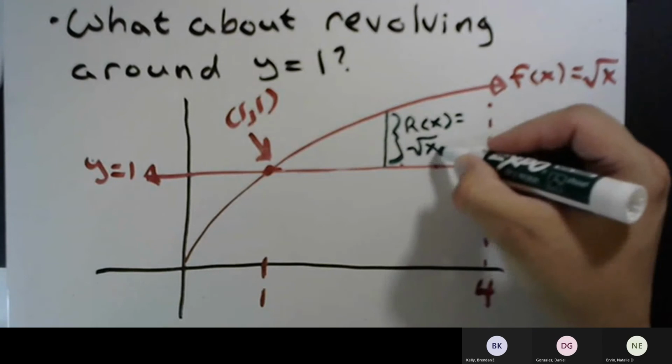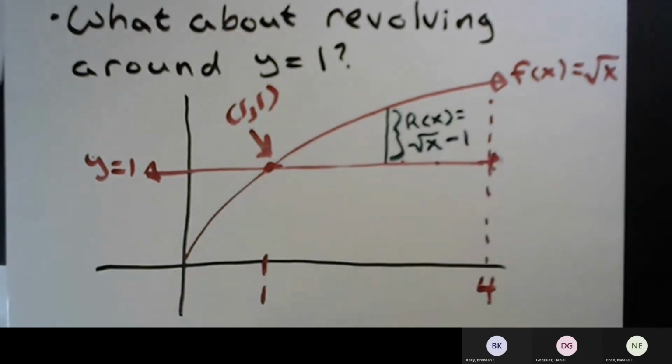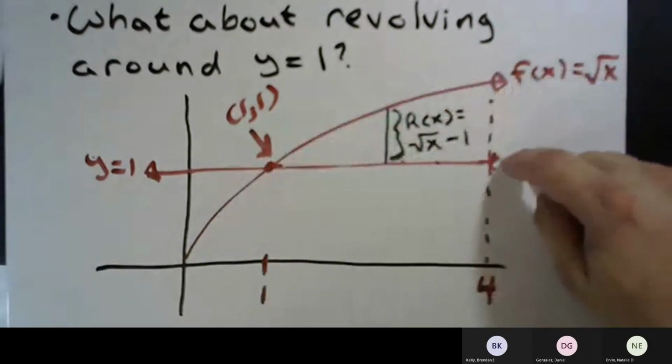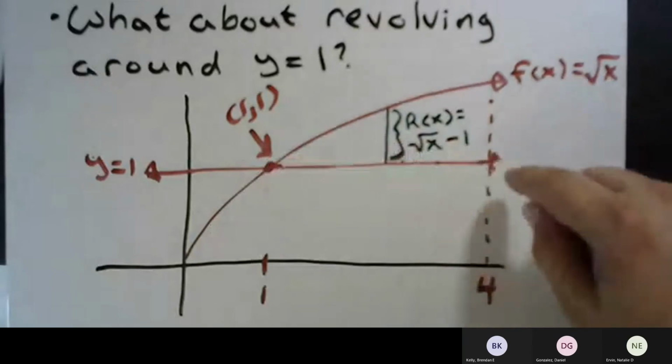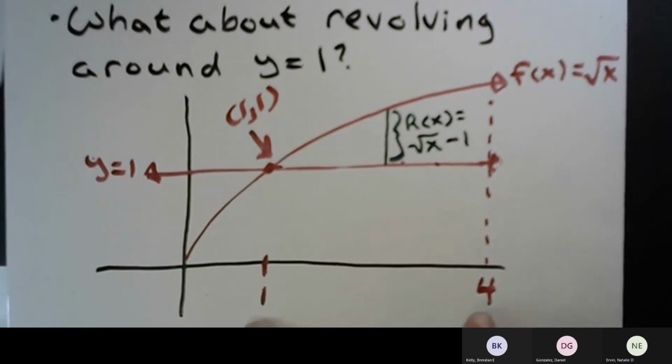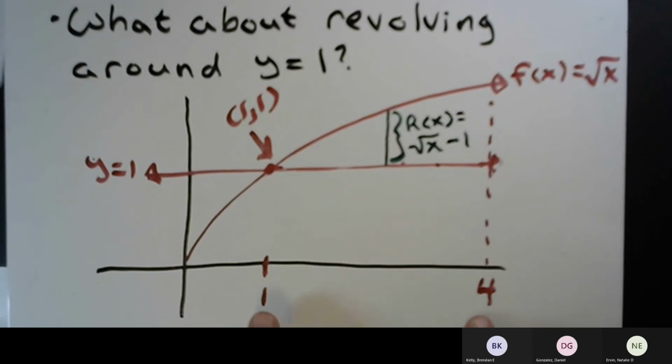So it's square root x minus 1. So we're going to take this little piece and rotate it around this axis. We're just going to get a smaller vase shape, the same vase shape, just smaller. And now the boundaries, instead of being 0 to 4, are going to be 1 to 4.